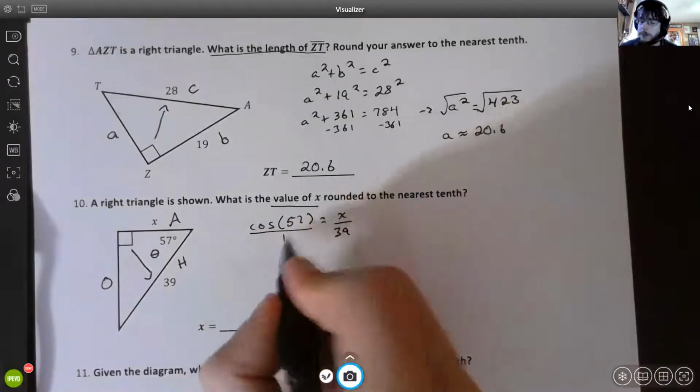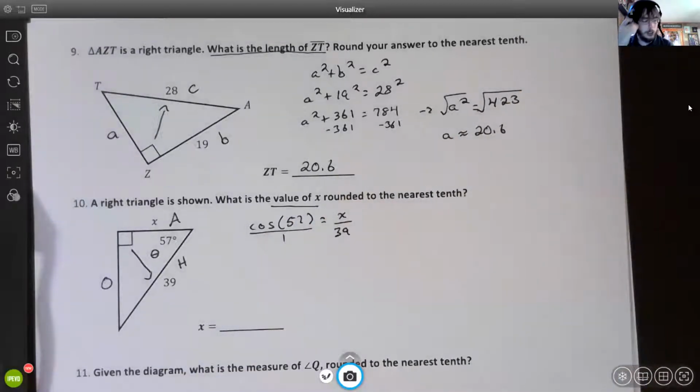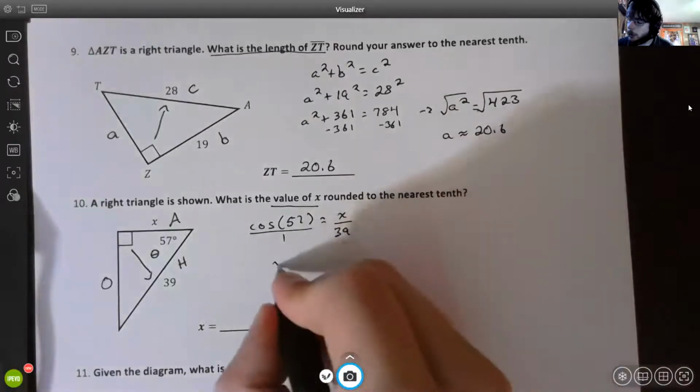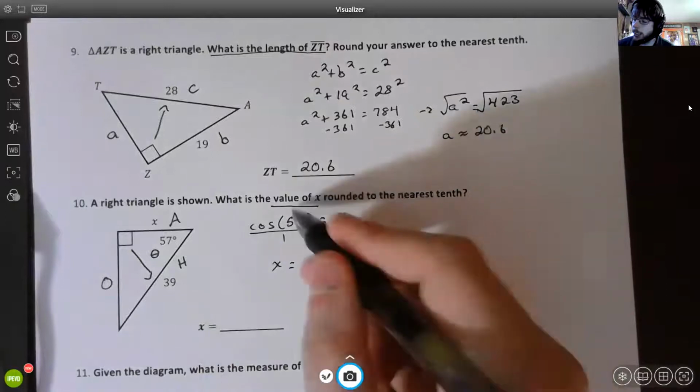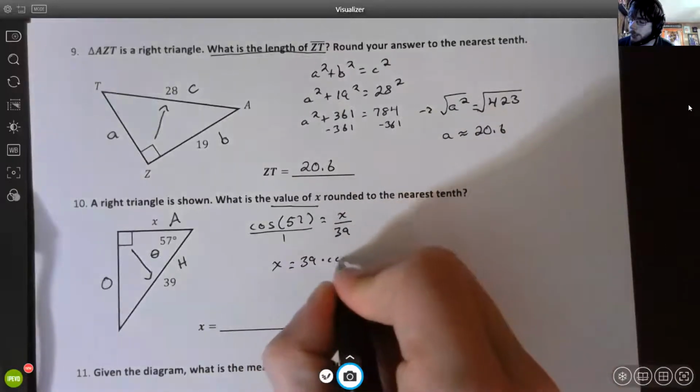Then we place cosine of 57 over 1 and cross multiply. When you do that, you get x times 1, which is just x, is equal to 39 times cosine of 57.